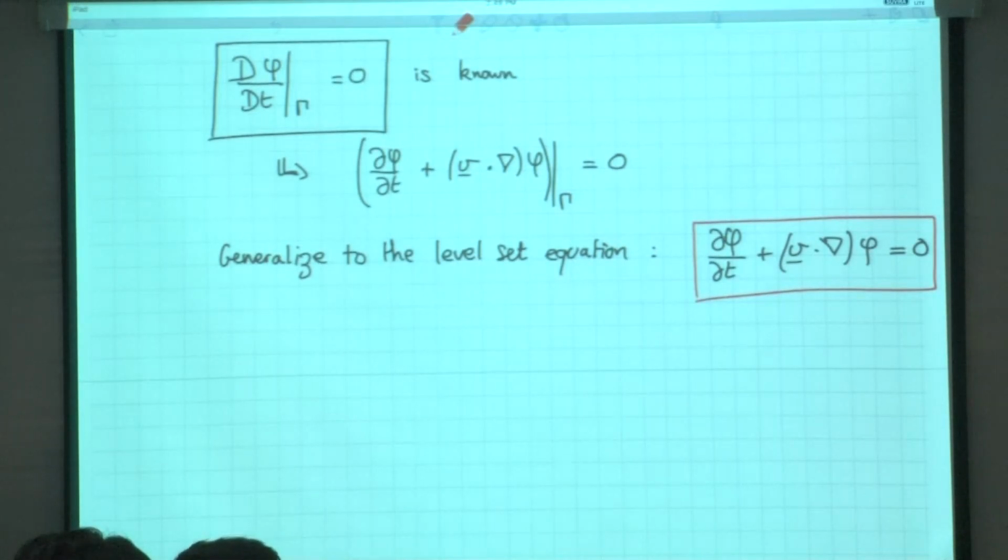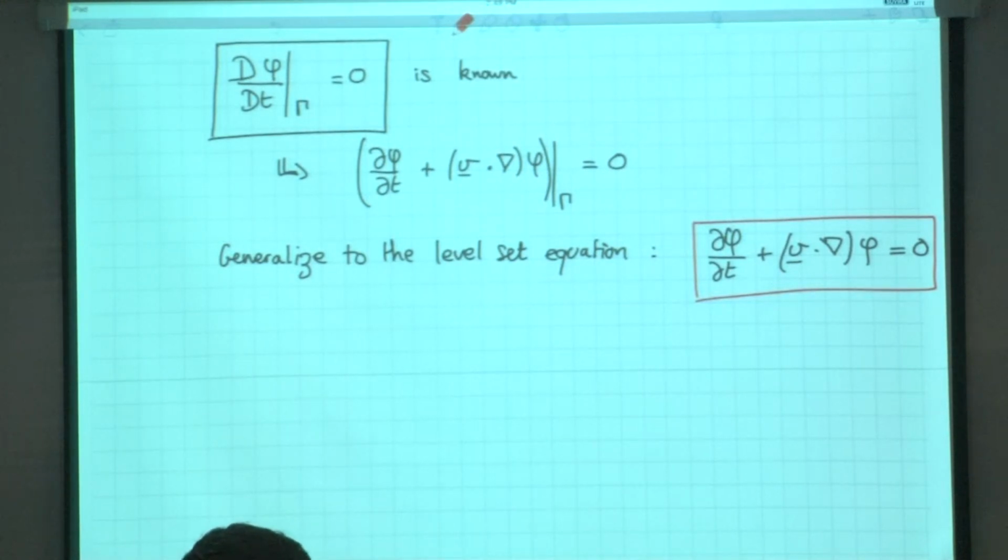So now we need to add more information to this, or else we're going to be a little bit stuck. We haven't defined anything except the fact that phi is 0 at the points of interest.